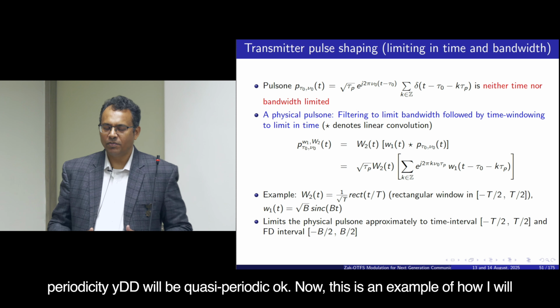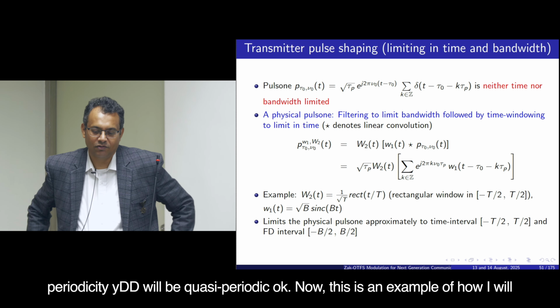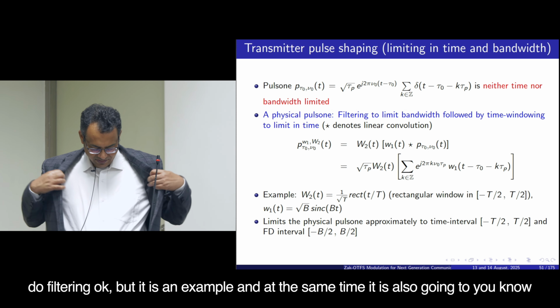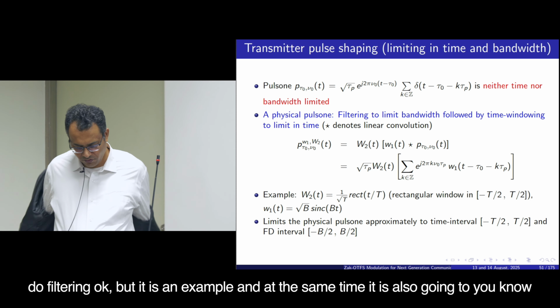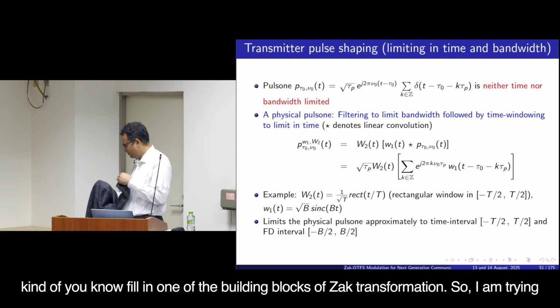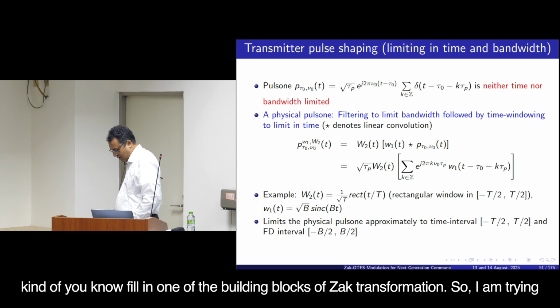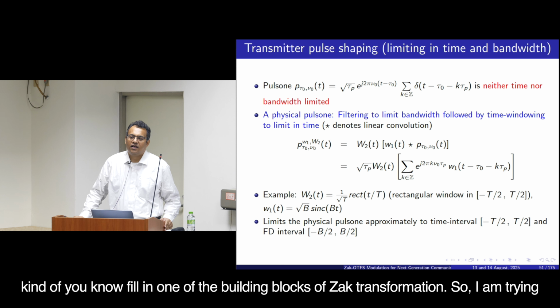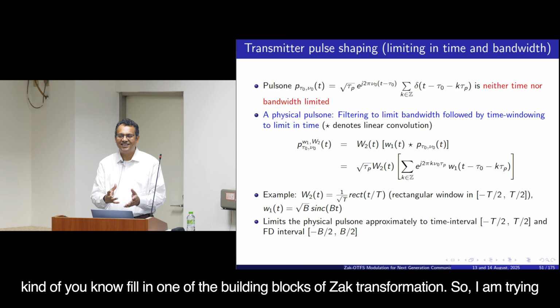Now this is an example of how I will do filtering, okay, but it's an example, and at the same time it's also going to fill in one of the building blocks of OTFS modulation. So I am trying to do two things at the same time, okay.